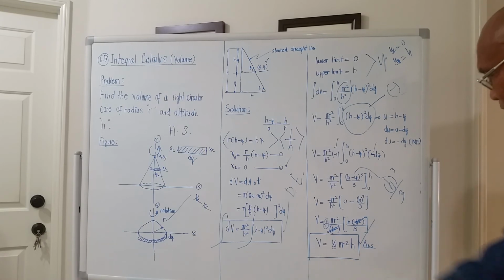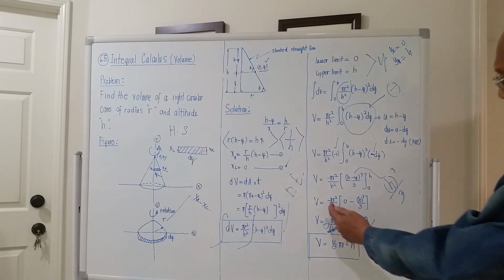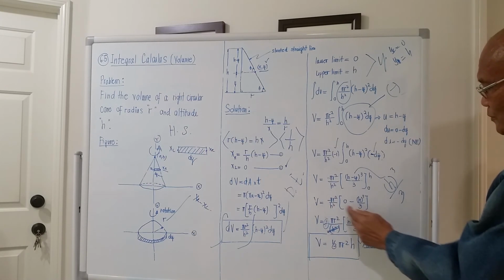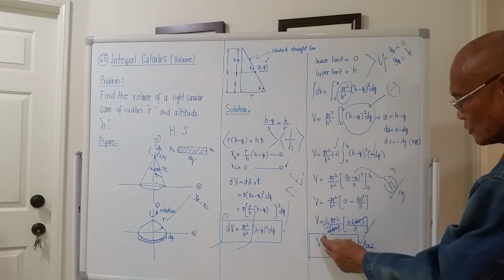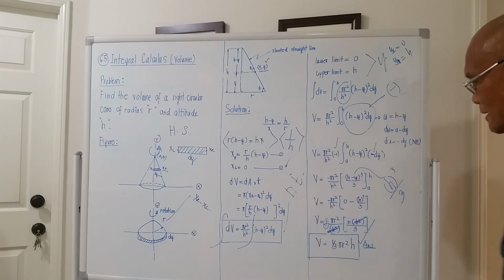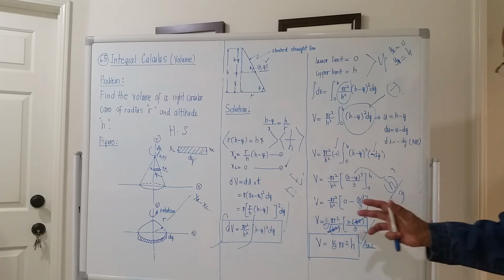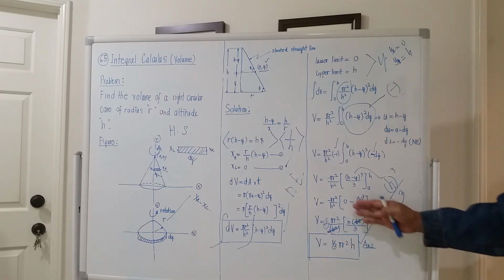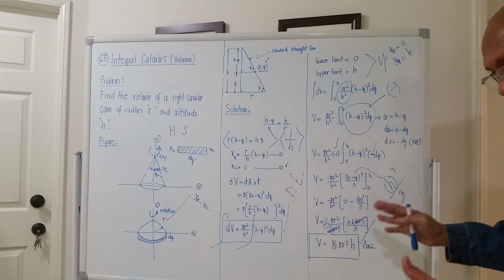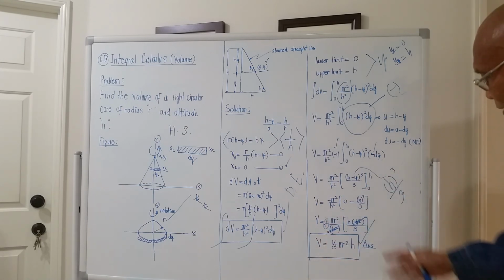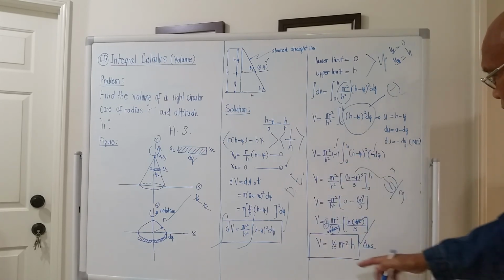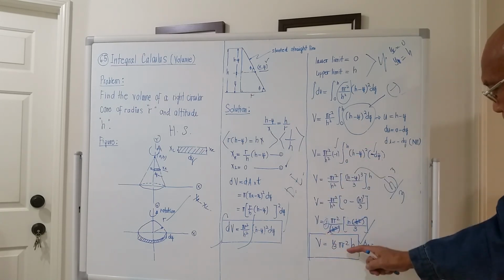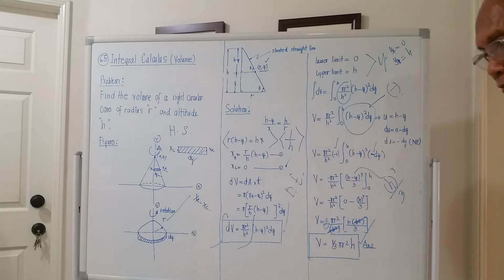It's positive, guys. Because this was negative, when we subtract the lower limit, there is a negative sign, and negative and negative come out positive. There is no such thing as negative volume. So volume will be 1/3 pi r square h.